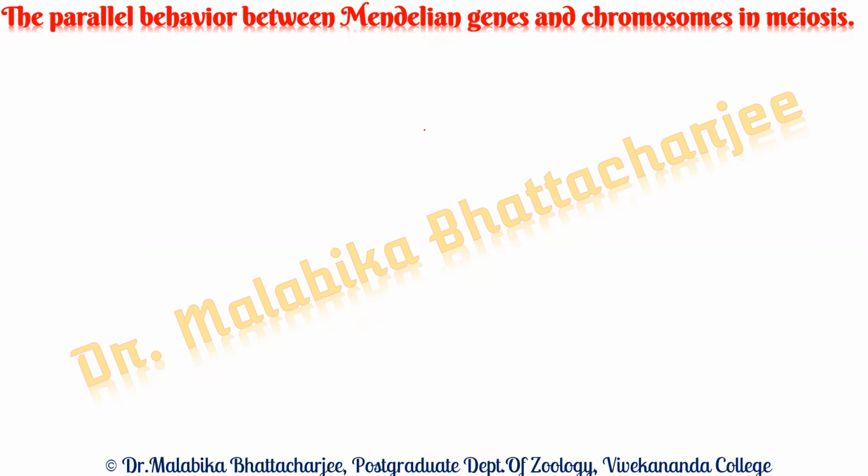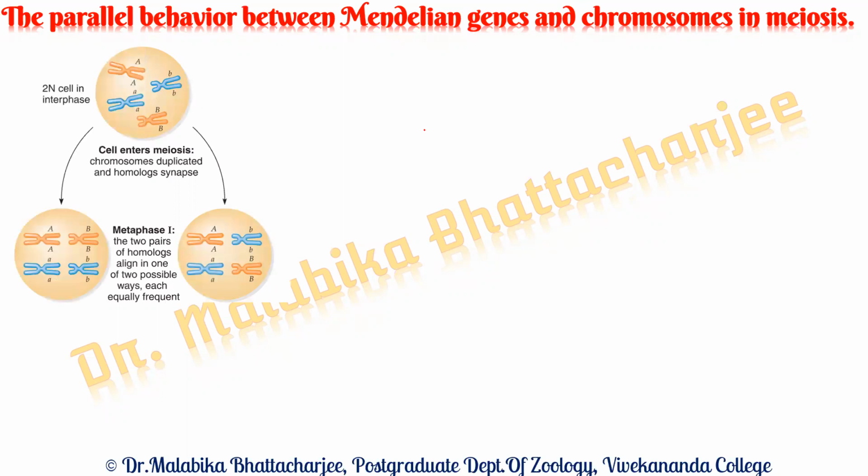You should always remember that whenever the word Mendel comes, at that time the concept of genes was not there. Yet, the way his law of independent assortment works, this is just to draw a parallel between the Mendelian concept and the behavior of genes on chromosomes in meiosis.